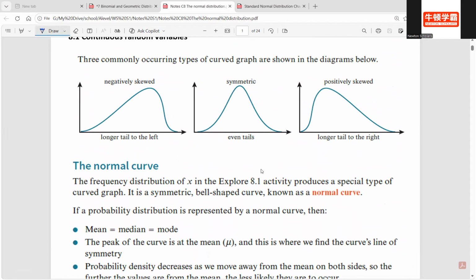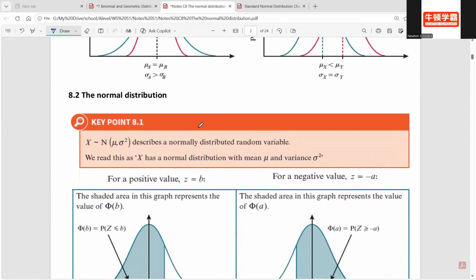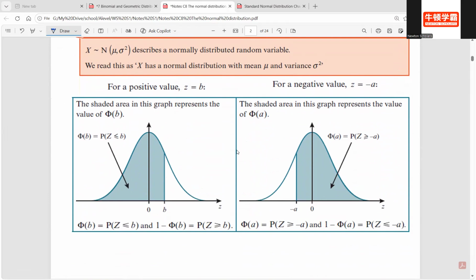In the normal distribution, he will give you X with the mean and this is the variance. And the line here is 0, meaning the mean, mode, and median is actually 0.